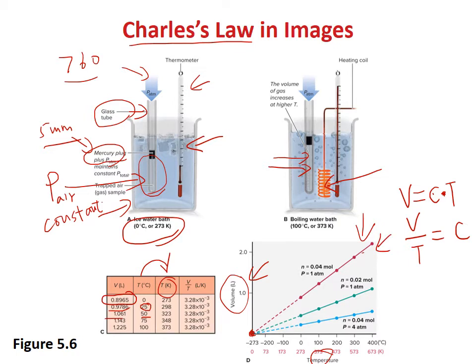If we change the amount of gas trapped in the system, or if we change the pressure by adding more mercury, then we redo the experiment, we'll get another straight line with a different slope. But in any event, volume is proportional to absolute temperature. And the volume divided by temperature is always a constant. And that's Charles's law.